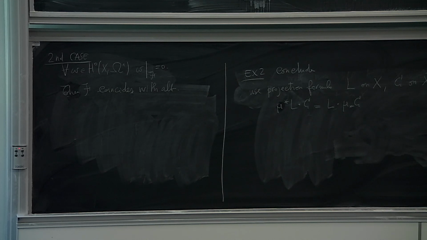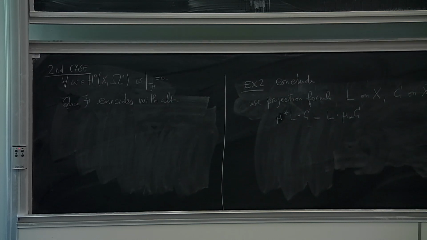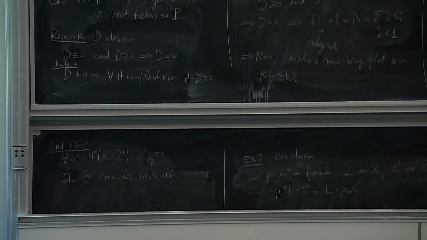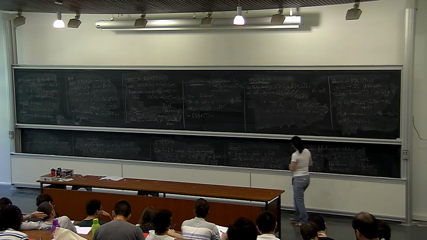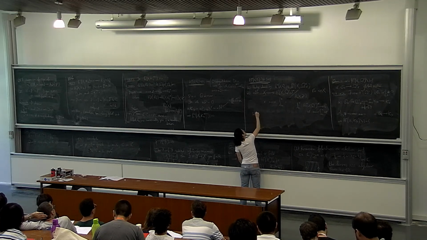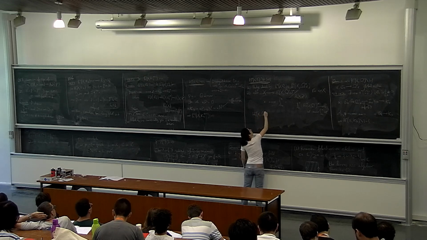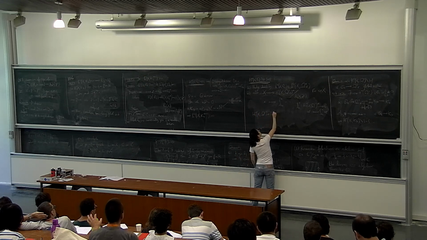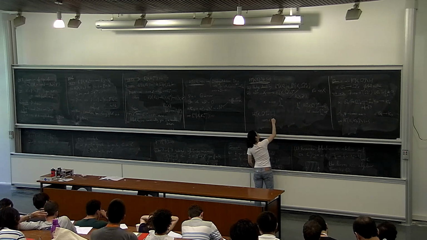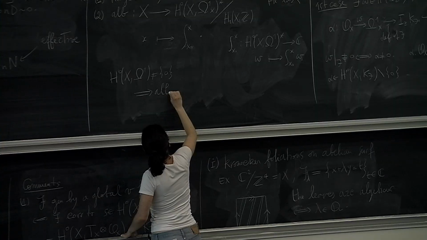So an important property of the Albanese morphism is that if H0 of the one forms is not 0, then the morphism is not constant.